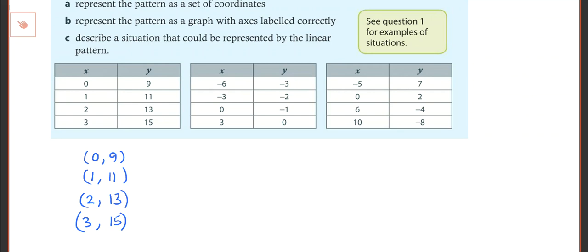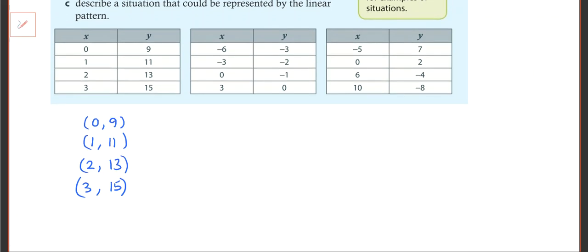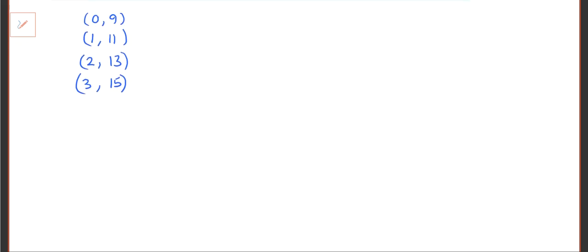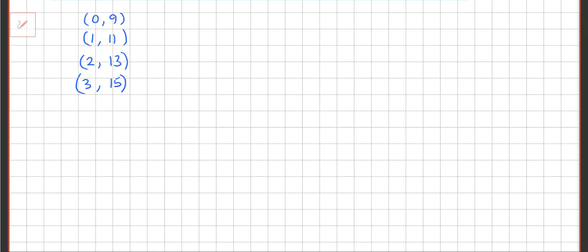I have to draw a graph. So what you're going to do then is use square paper, which you hopefully have in your book. I might have some square paper if you haven't got any. Now when we draw a graph, we don't just plonk a cross in the middle of our page.